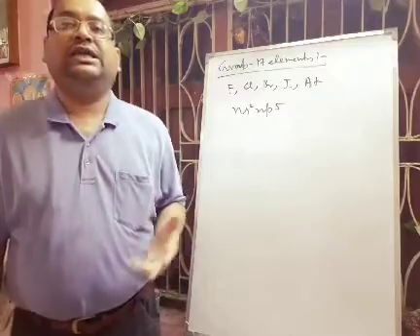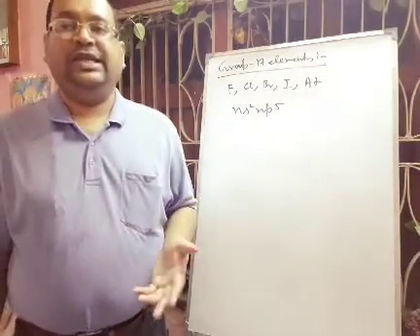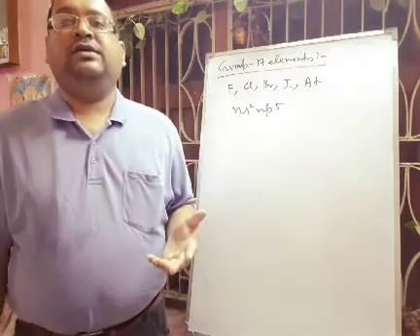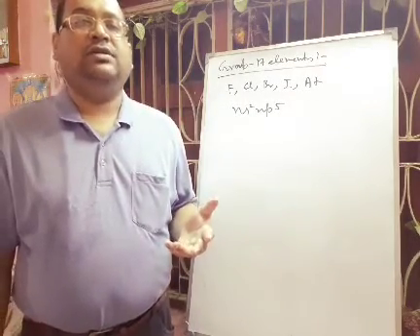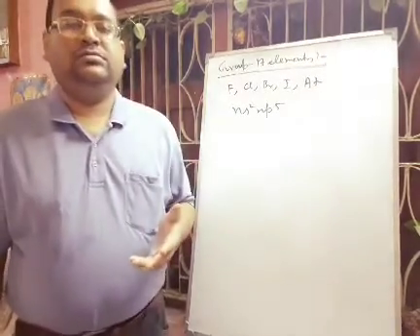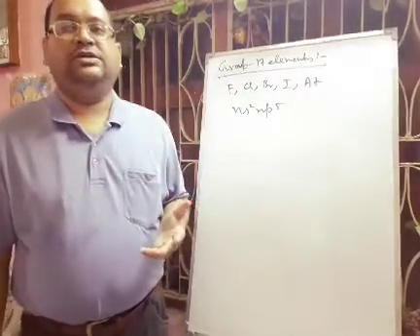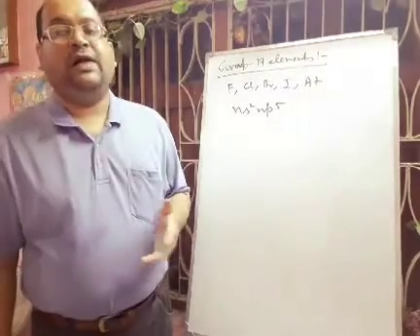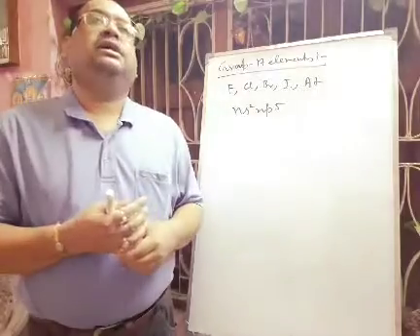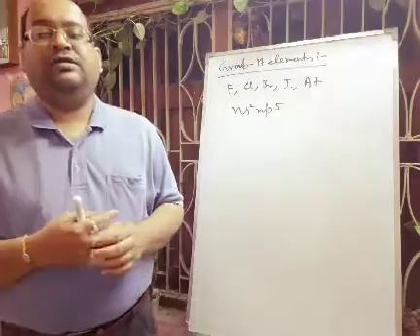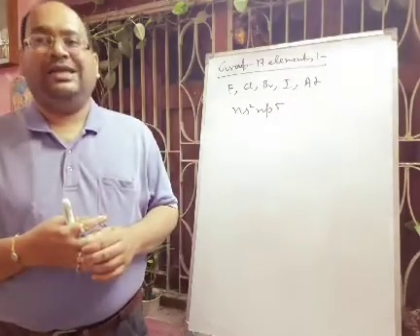Next we will go to the general trends in the physical properties. First one is atomic radii. The atomic radii of the elements of the halogen family are smaller than the previous one, that means the oxygen family. In the case of noble gases their atomic radii will be higher, so this halogen family will be less.